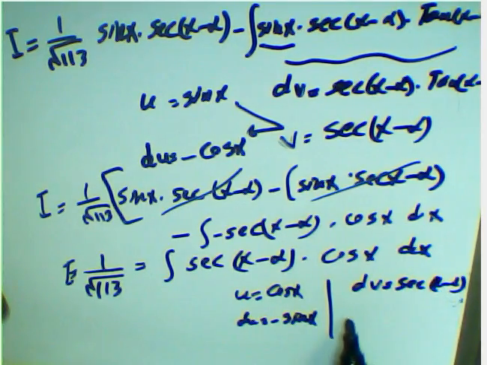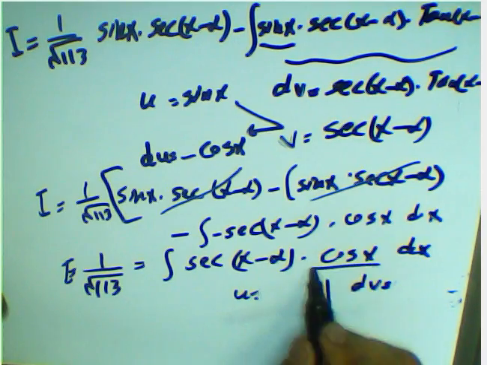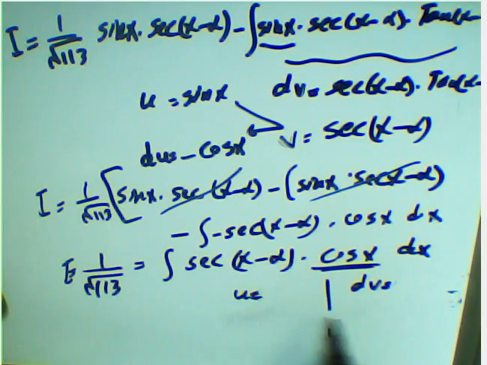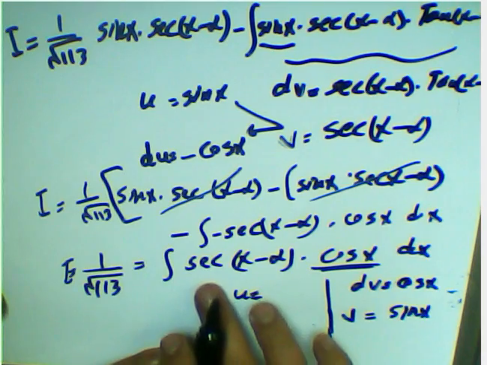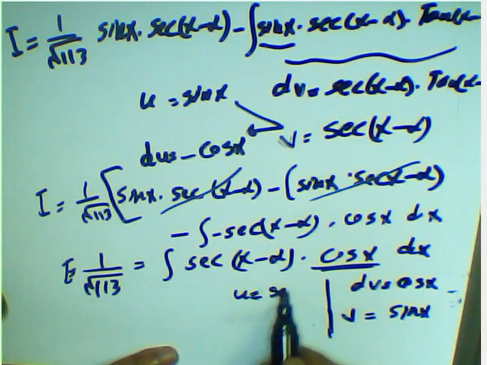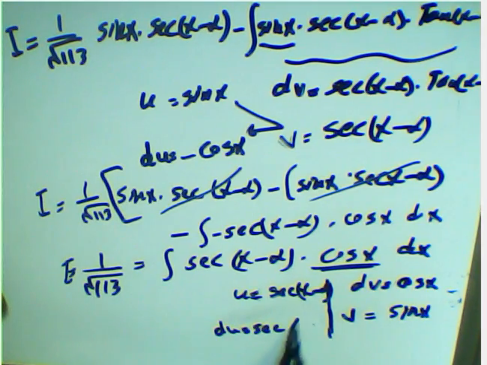Or change them: choose the function cosine x here, because we can find the integration of cosine x, which is sine x, but for sec we don't have the integration, so I will choose this function to find the derivative of sec, which is sec tan.